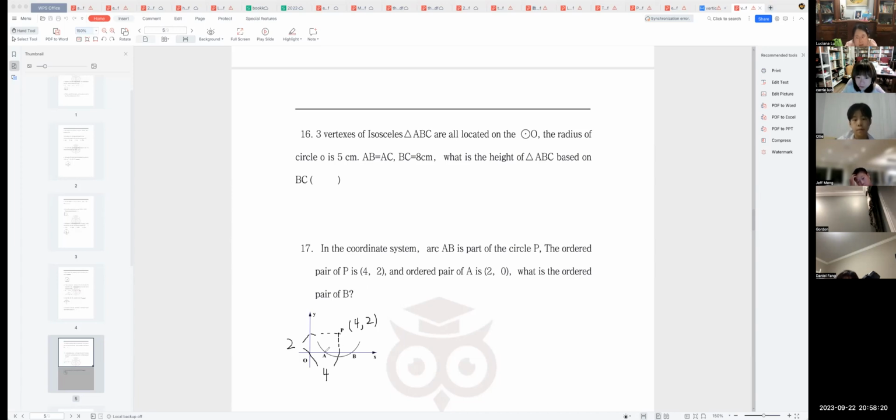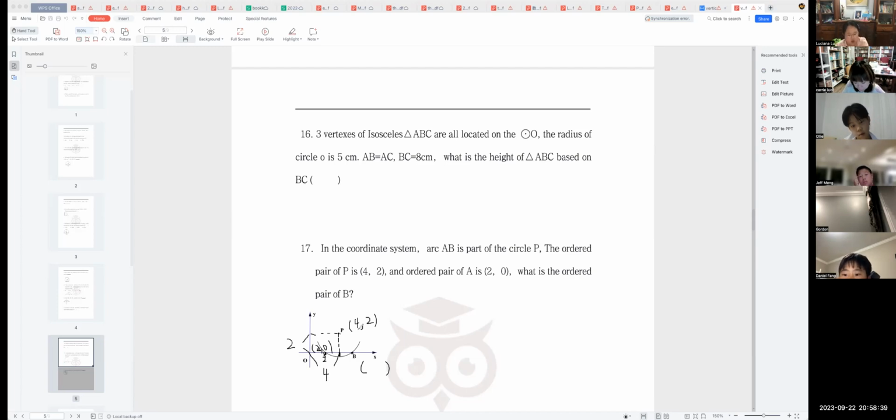So the ordered pair for A is 2, 0. So this is 2, this is 4, right? And what is the ordered pair of B? Yeah, what is the ordered pair? So B is what? So A is 2, 0, right?